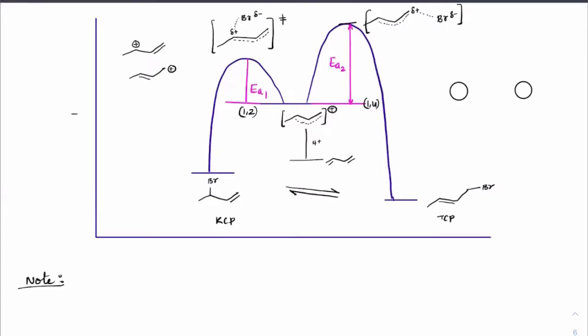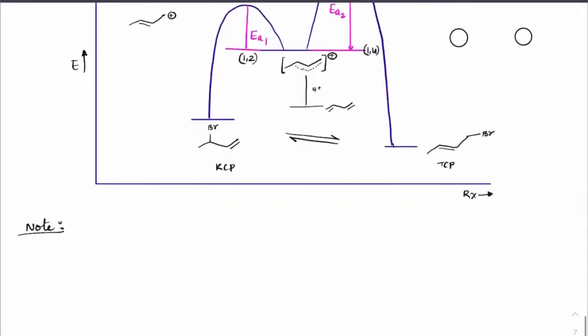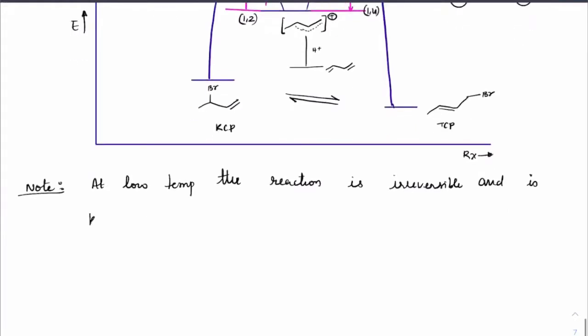This diagram is about energy versus reaction coordinate. At low temperature, keep writing everyone, the reaction is irreversible and is kinetically controlled.